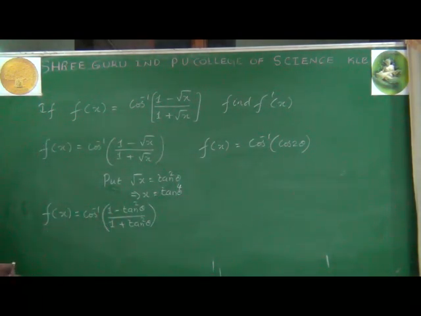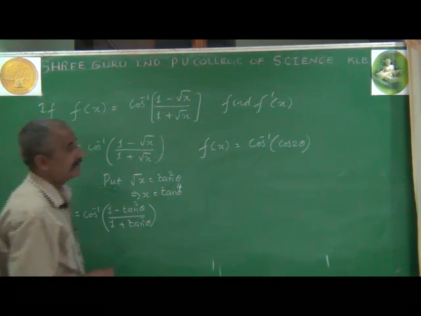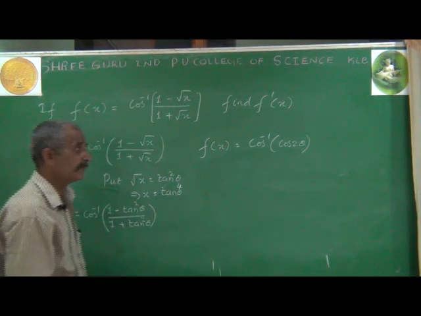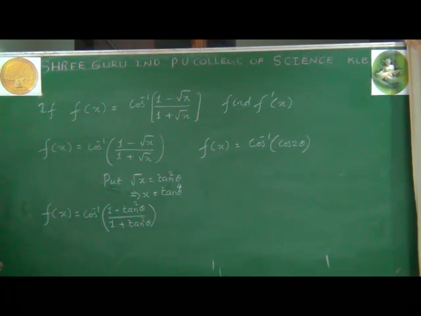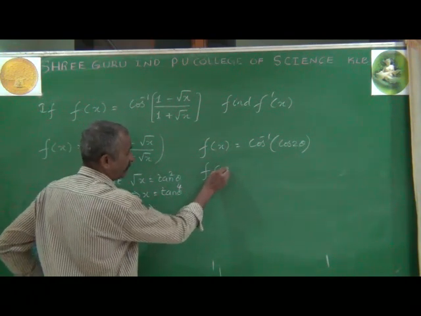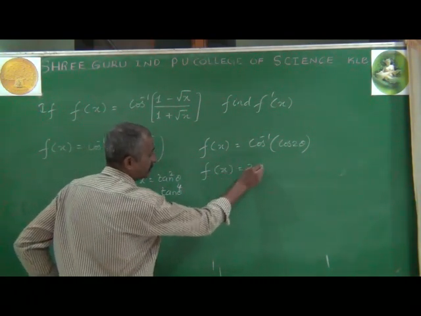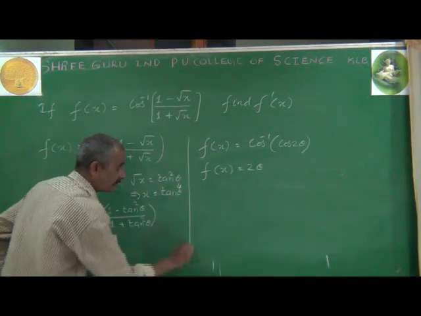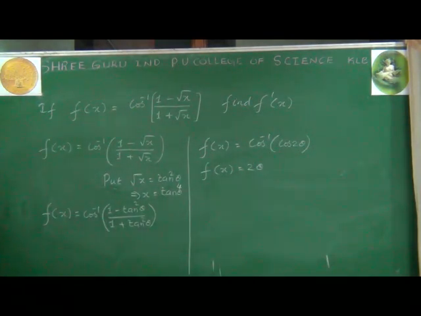Similarly, the sin 2 theta formula, which we know from PUC first year, is 2 tan theta by (1 plus tan square theta), whereas the formula for cos 2 theta is (1 minus tan square theta) by (1 plus tan square theta). Further, f of x will be equal to just 2 theta because of the properties of inverse trigonometrical functions. So we should replace back the value of theta, very importantly.